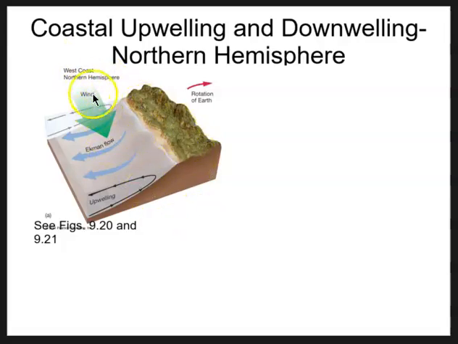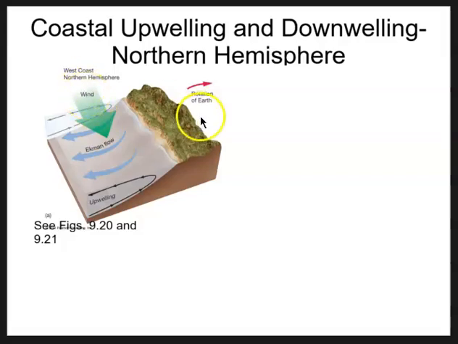Now, what happens is that Ekman transport will basically push the water to the right of the wind direction. And remember I told you with your arrows that you should flip them so that they're pointing straight up on your paper if you ever are trying to figure out which way right and left is.